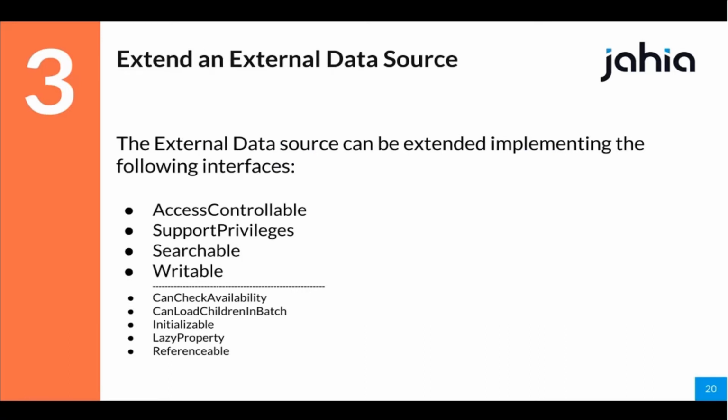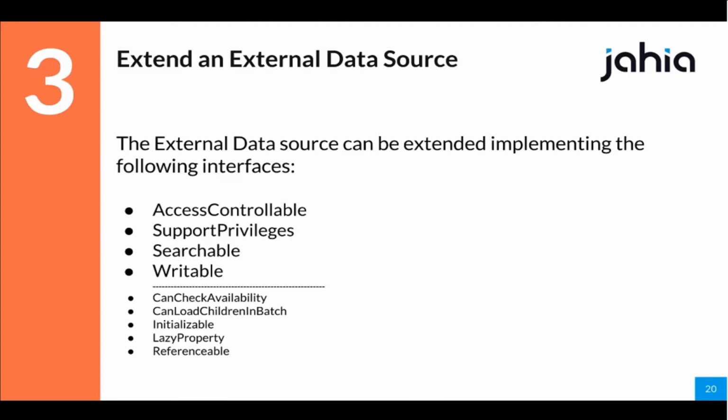After that, there are a few extra interfaces that you can implement and that will add capabilities. By default, it's only read-only access to all the nodes with no control on the security access or anything like that. So there are interfaces to give and check the ACL from Jahia, for example, on a node, and to support privileges. Two of the most important ones are searchable and writable.